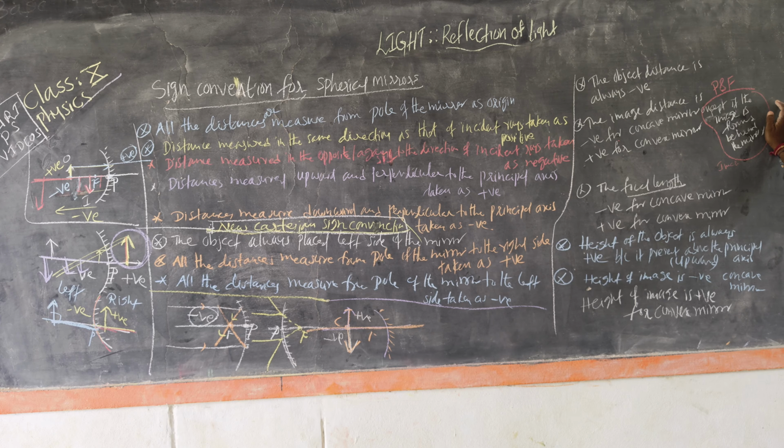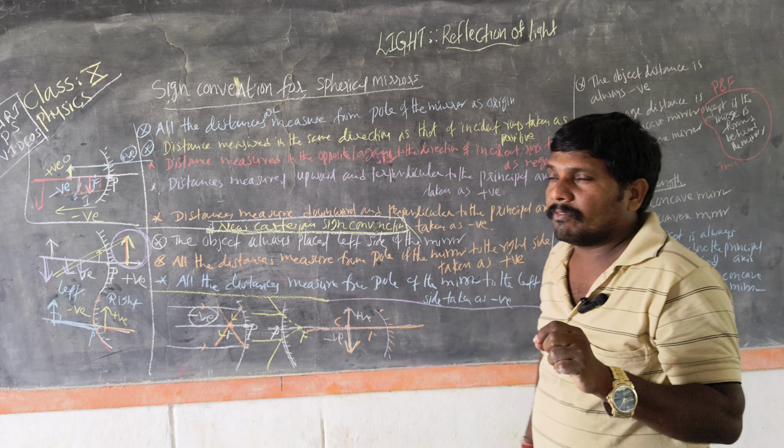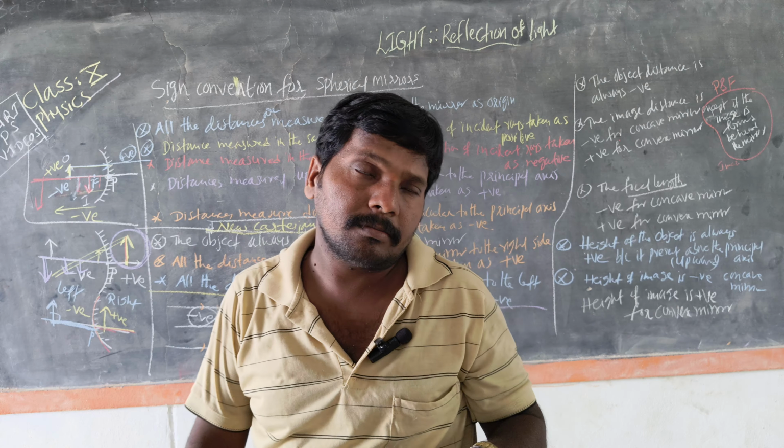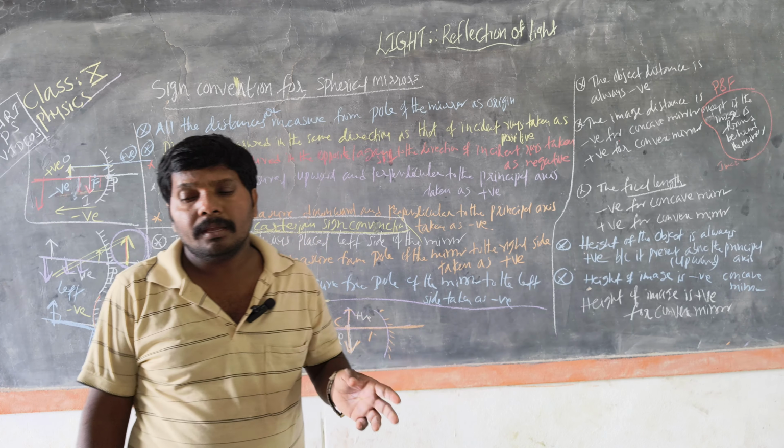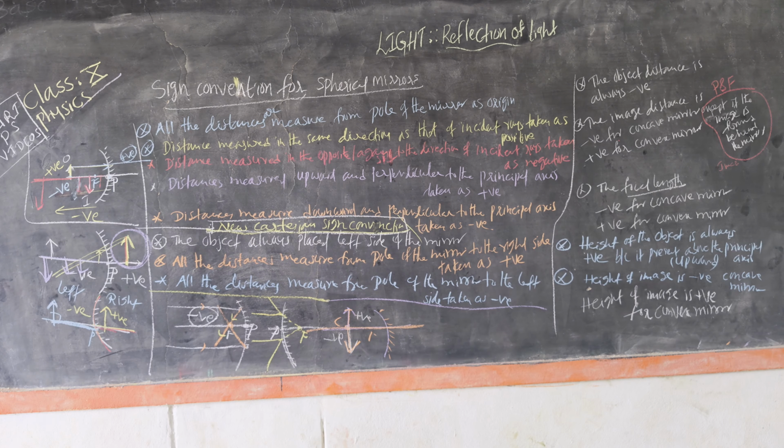These are the rules, very, very important. These rules are very useful while solving numericals, that is, problems. For problem solving, we must follow these sign conventions for spherical mirrors.